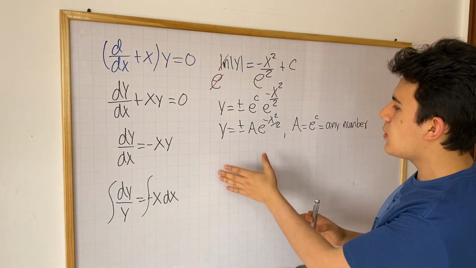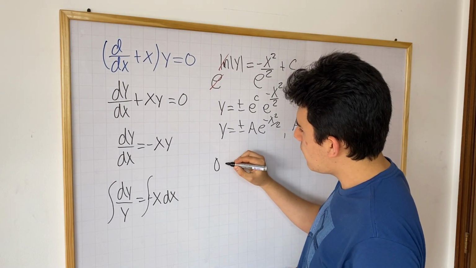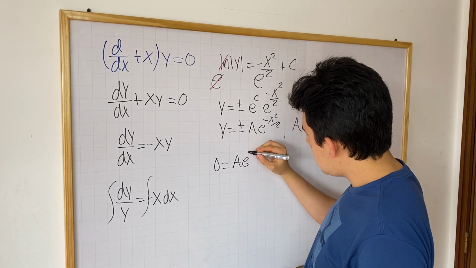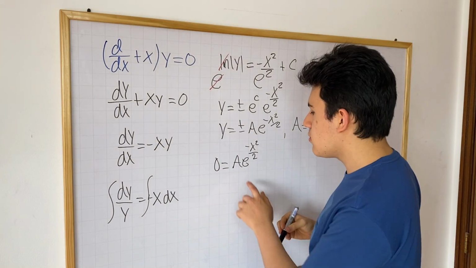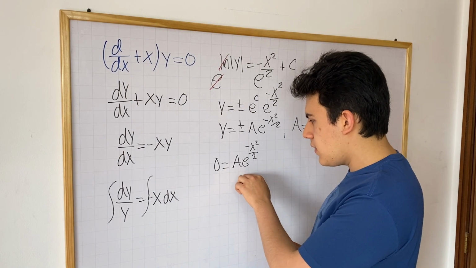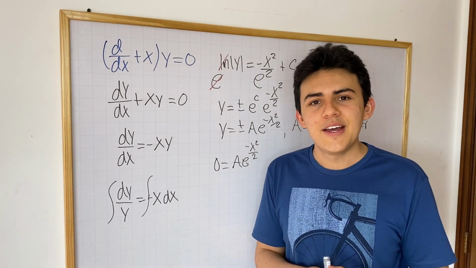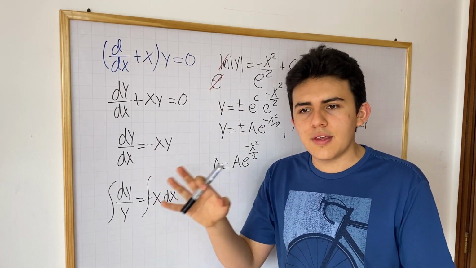However, there's a problem with this family of solutions. If you try to find for what value you get 0 for a e to the minus x squared divided by 2, it's going to be really hard to solve this. In fact, it's going to be impossible, because of the graph of this function. Maybe if you're a nerd and you have seen the wave function in quantum mechanics, you don't need to know anything technical.